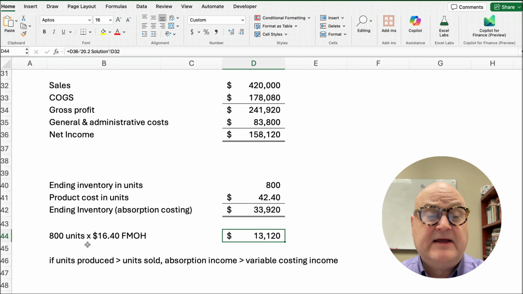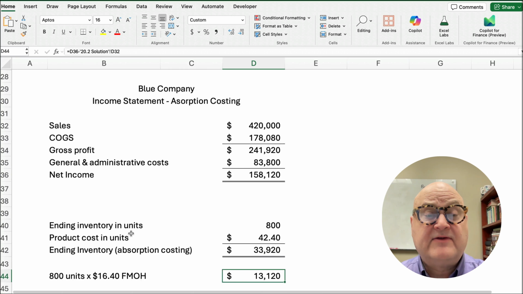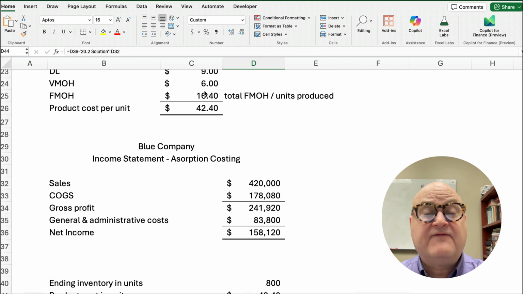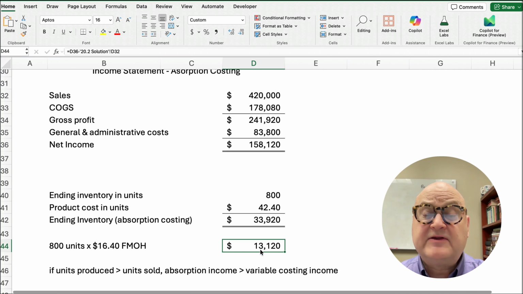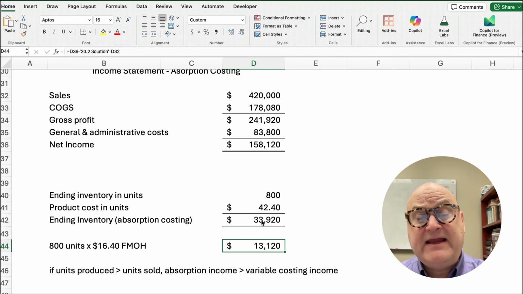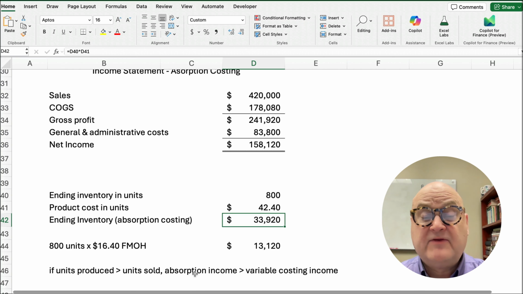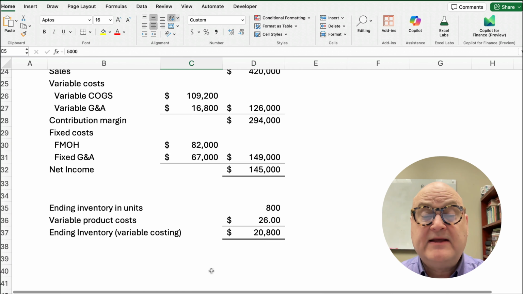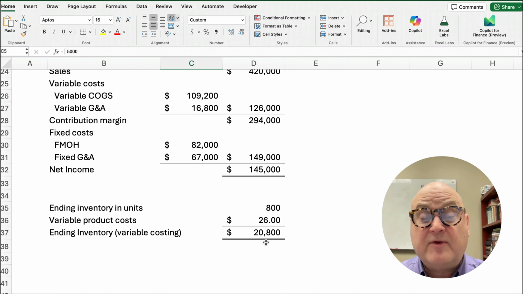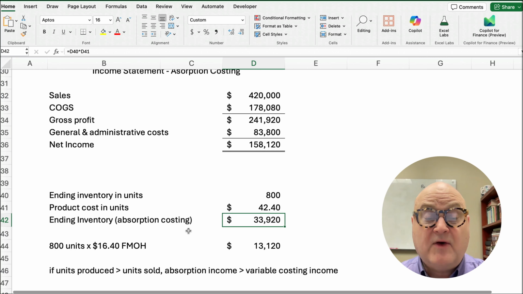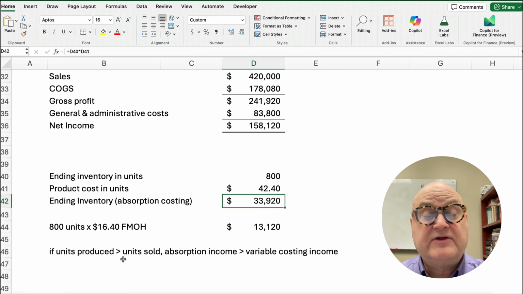If we take the 800 units times the $16.40 fixed overhead, that explains it. Our ending inventory is $13,120 higher than our variable costing inventory. This is $33,920, and the ending inventory under just variable is $20,800. So if units produced is greater than units sold, then absorption costing would show a larger income than variable costing.